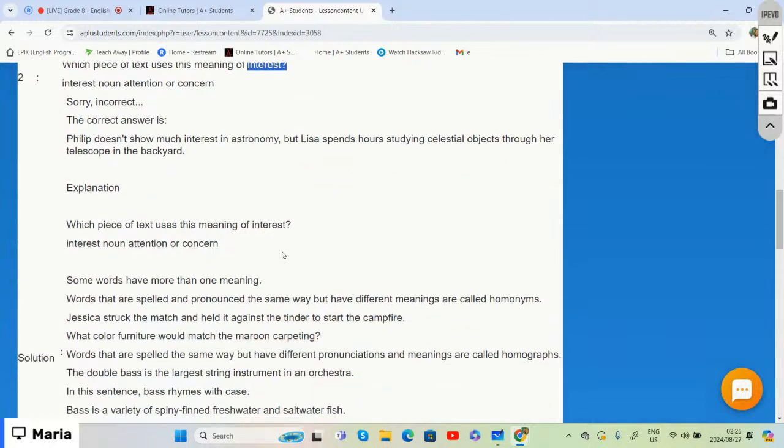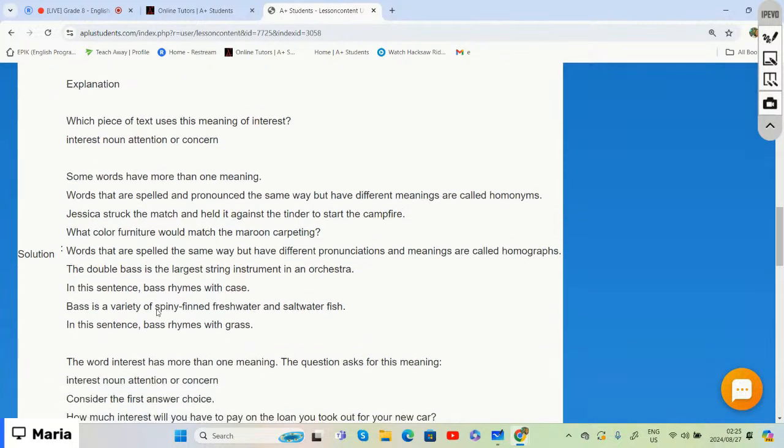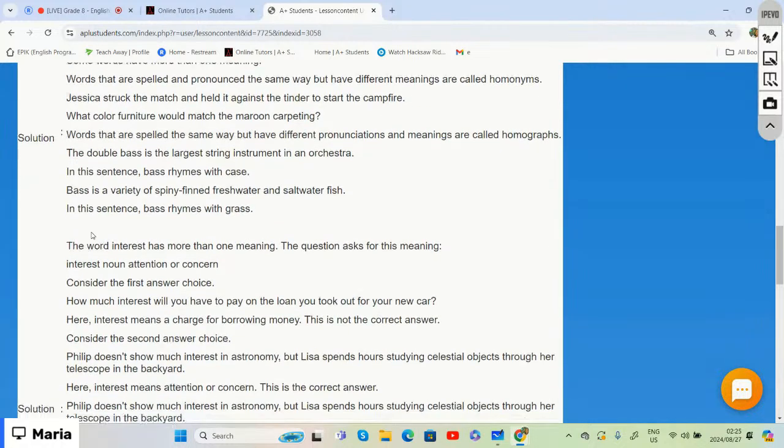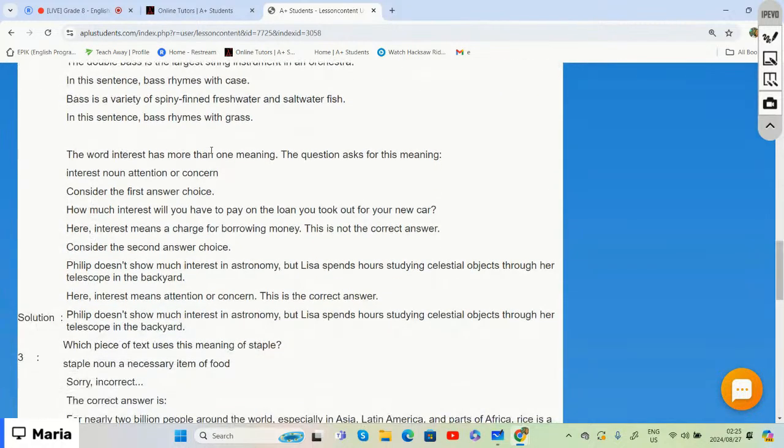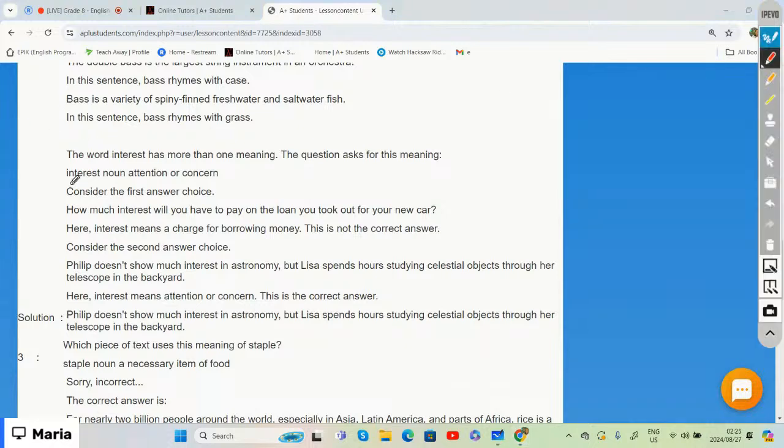All right. So there are different meanings to the word interest, right? And here we say the word interest has more than one meaning. So we have the word interest, which is a noun, which is attention or concern. So the one word interest is attention or concern.